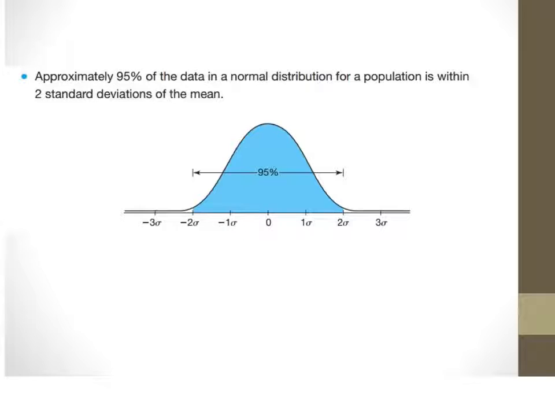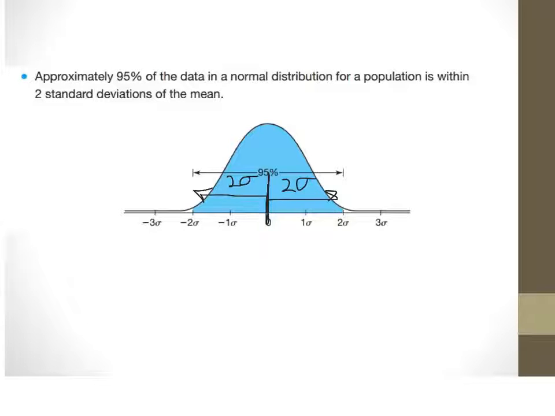The second part of this, we talk about within two standard deviations. So again, the mean is here. Now I'm going two standard deviations in both directions. Now what trips people up a lot is that when I say two standard deviations, some people think that just means the entire span. But what I mean is in both directions. So it goes two standard deviations this way and two standard deviations that way for a total span of 4 standard deviations.